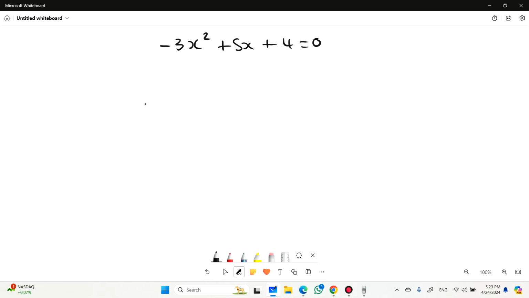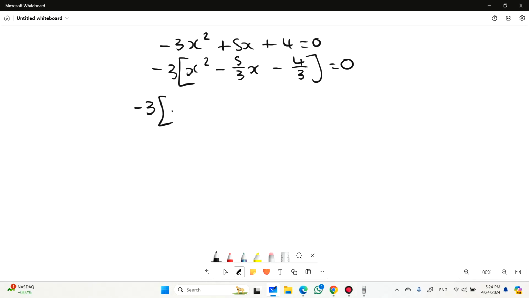Right, so the first thing, again, I want my coefficient of x squared to be 1. So I'll take out the negative 3. I have x squared minus, in that case, 5 over 3 x, and then minus 4 over 3, right, which should give me 0. Okay, so now I'm going to work with what's in the bracket.